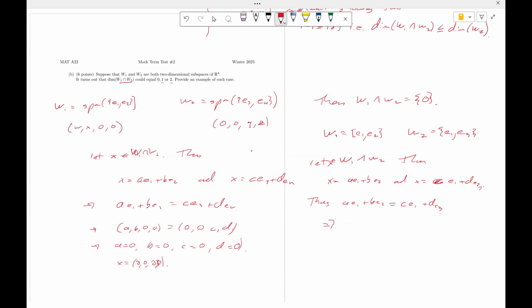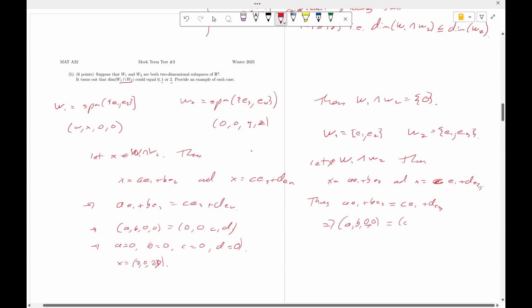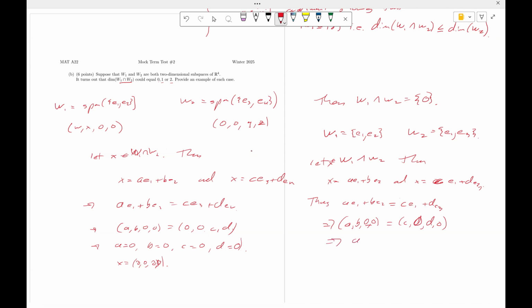This implies that (a, b, 0, 0) equals (c, 0, d, 0), which implies that a minus c equals 0, b equals 0, and d equals 0.